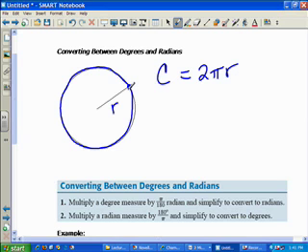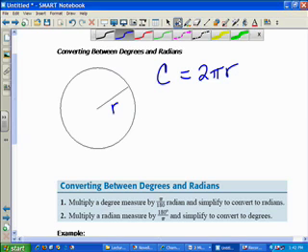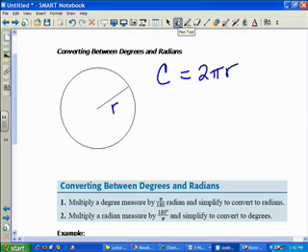Think of your angle measure being 360 degrees. You're going to go the whole way around the circle. Circumference is the same thing as the arc length, right? So what's the circumference going to be if you go the whole way around the circle?